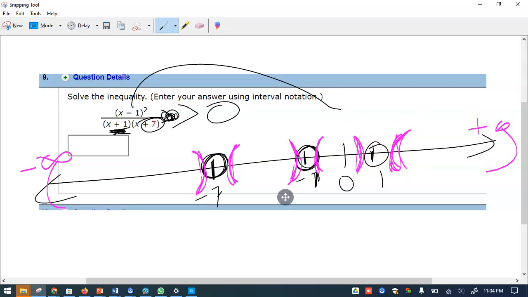And each time you pick a number, maybe on this side I can pick minus 8, and to the right, I think I can pick minus 6, or you can select, I think better is minus 2, and here the best option is 0, and to the right of here is 2. And you decide whether it is greater than 0 and do the same thing.